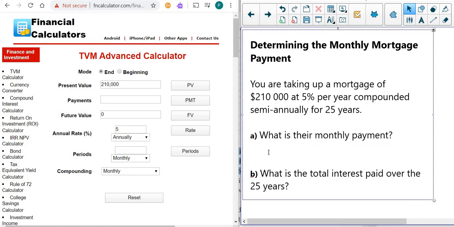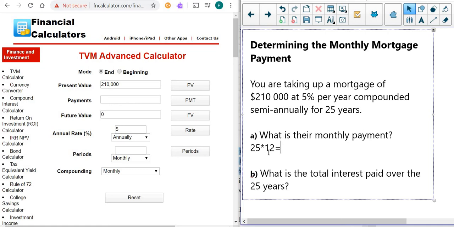So let's talk about the periods. So periods are the amount, in this case, not the compounding periods or no compounding interest, but it's actually how many times are you going to be paying your monthly mortgage for the duration of 25 years. So we have 25 years, and then we know that we're going to be paying it 12 times a year.